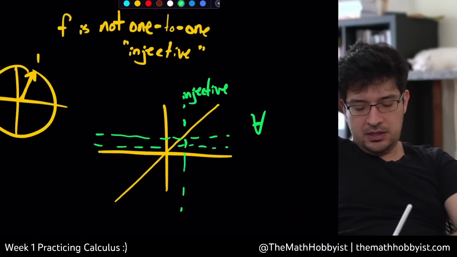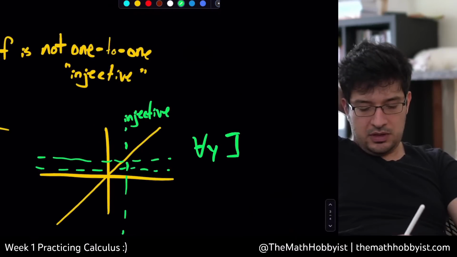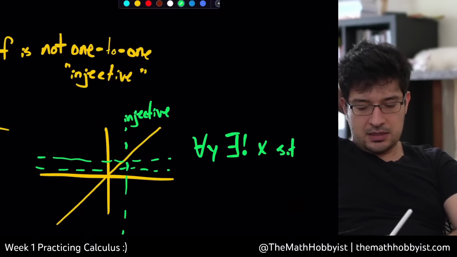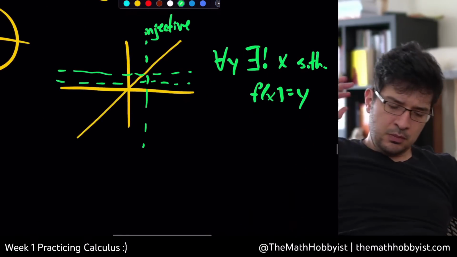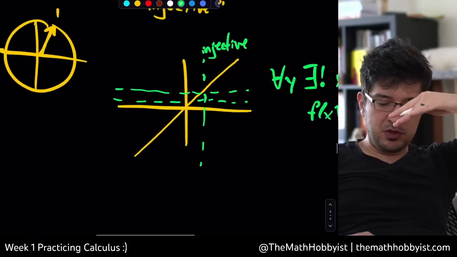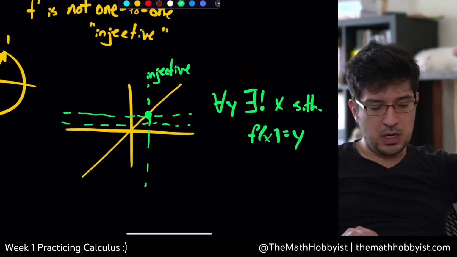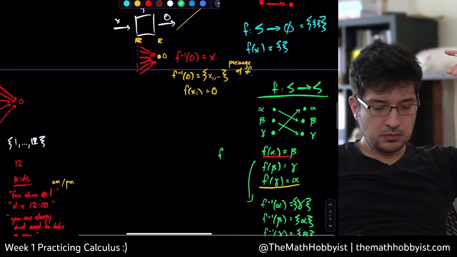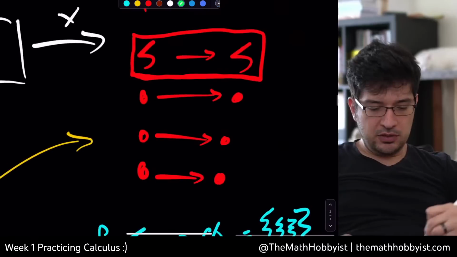For every y value, there exists a unique x such that f of x equals y. There's one x value that maps to one y value, 1 to 1. This function is 1 to 1.